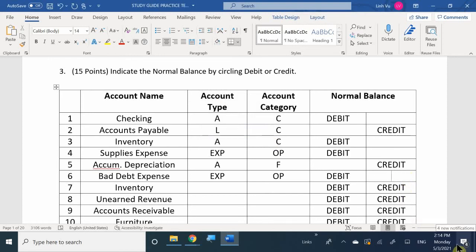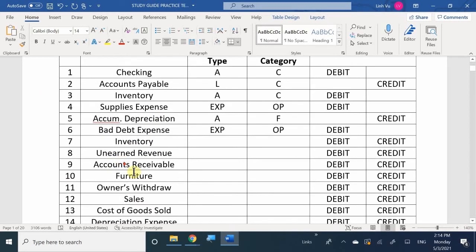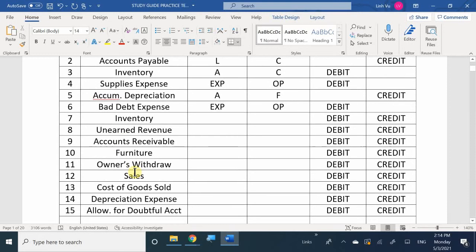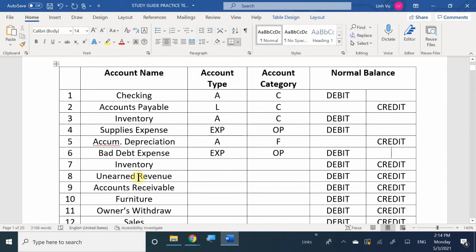Okay, good. What about inventory? Oh man, I have inventory here twice. My bad. What did you say the opposite to the bad debt expense would be? The credit? The allowance for doubtful accounts. Yeah, that's what I thought you said. I have inventory here twice, so I'm just going to blur this one out.